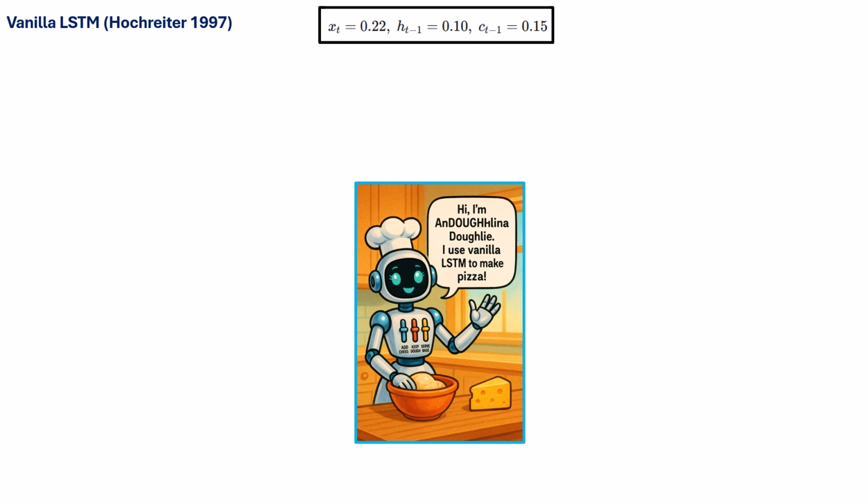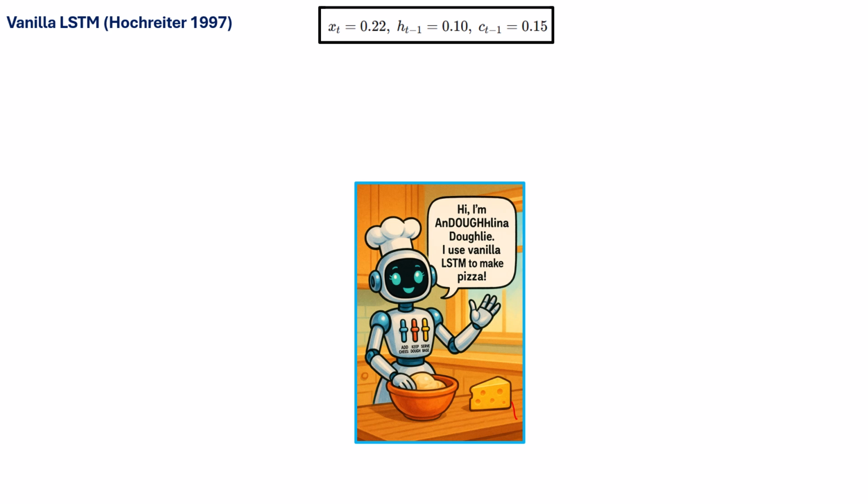So again, first X_t is the fresh pizza that we'll be using, and h_t is the ready-to-bake pizza from yesterday's demo. And C_{t-1} is the leftover dough in the kneading bowl.